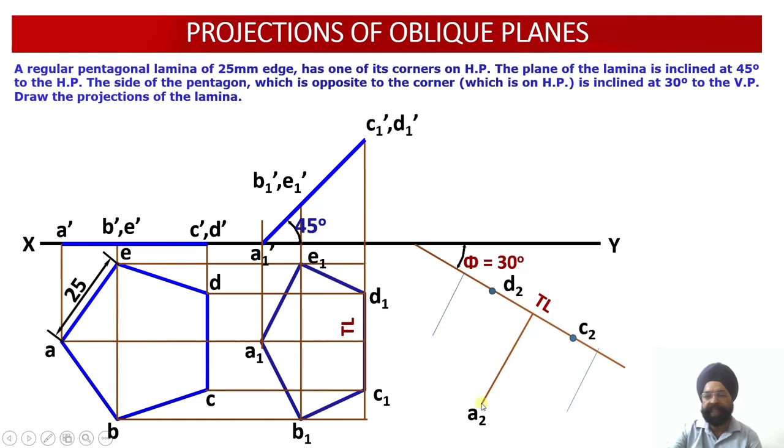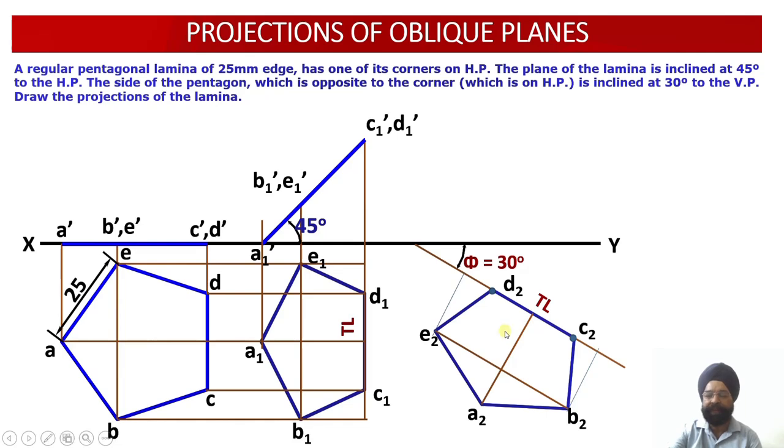So we have measured this distance, and once you do so, you are going to get the rectilinear location of all these 5 points, which is quite easy now.